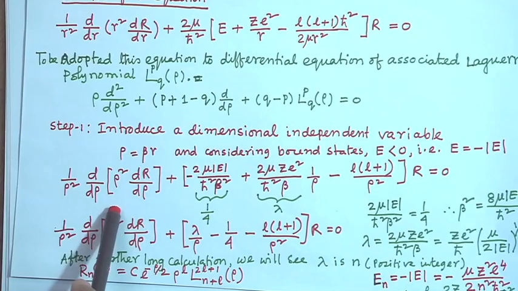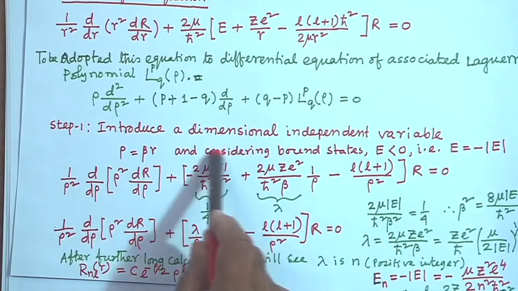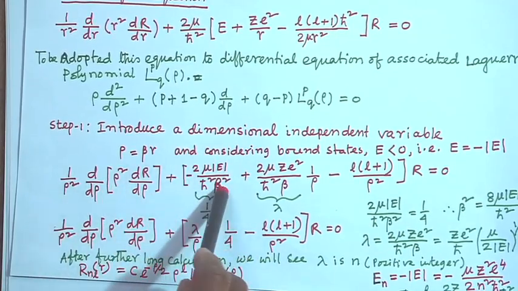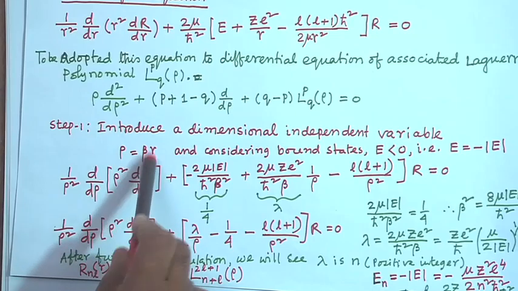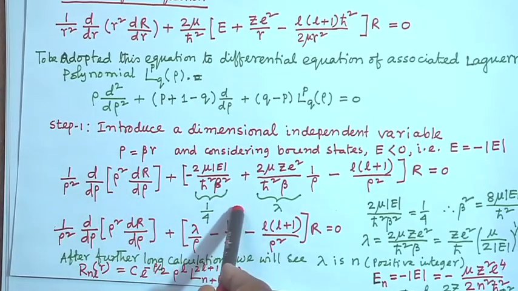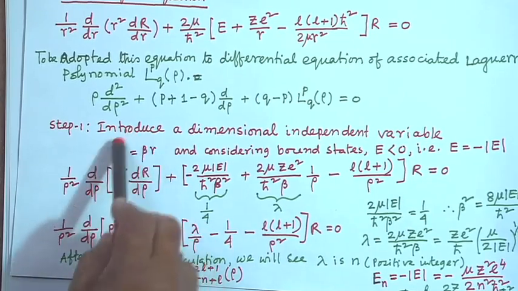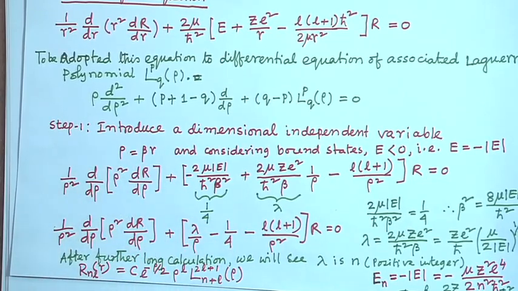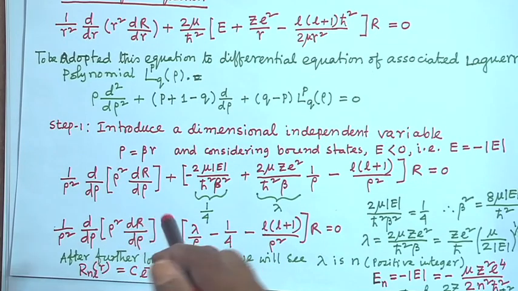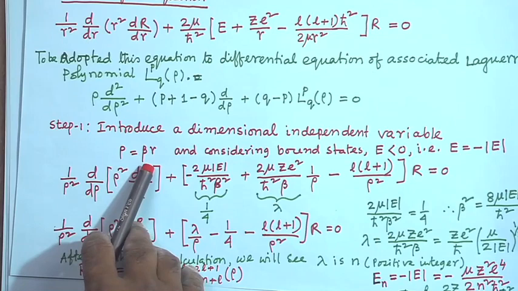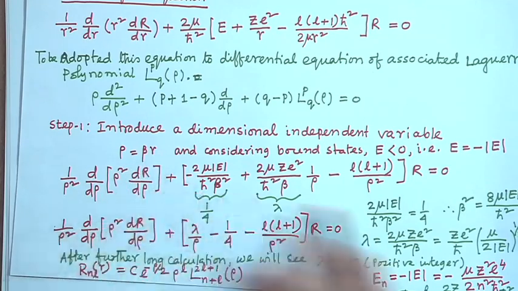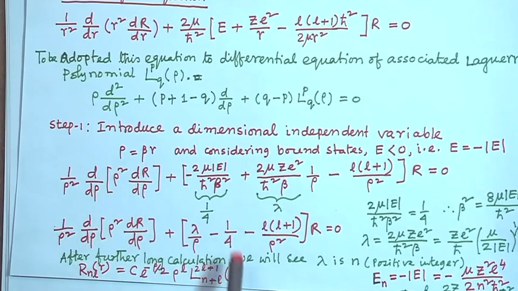Here this is a constant basically; beta is involved, and the nature of beta we do not know. But as I told, rho is dimension independent. So, I expect that the dimension of beta should be inverse of length. Later on we will see it is correct.